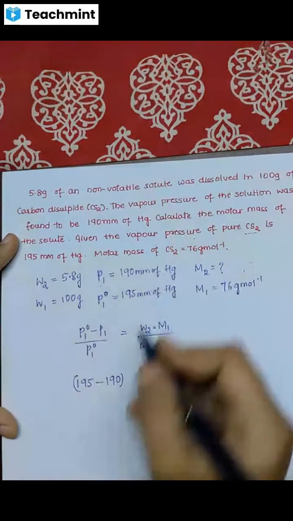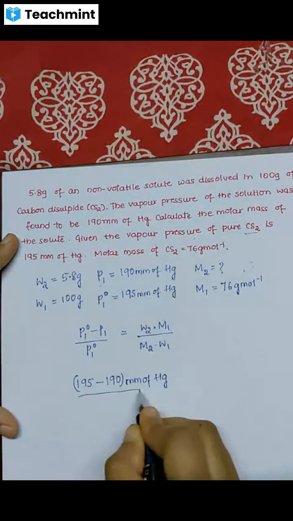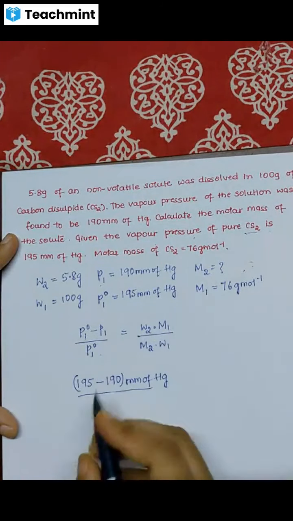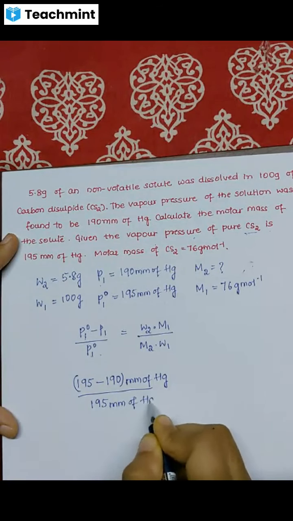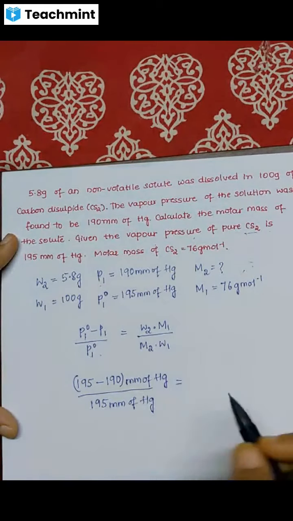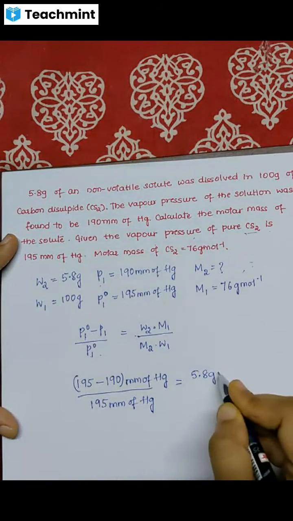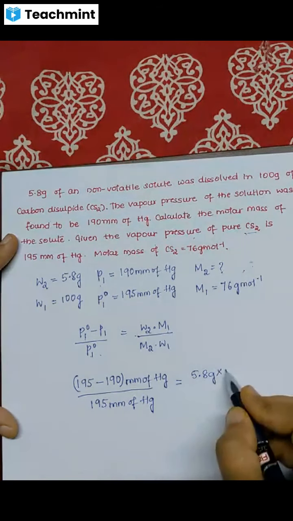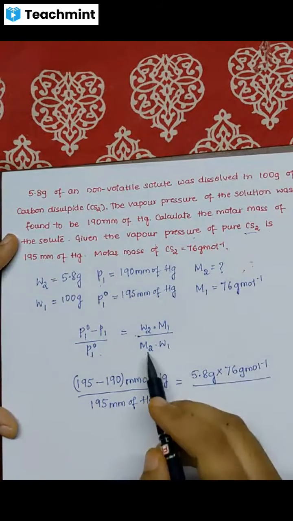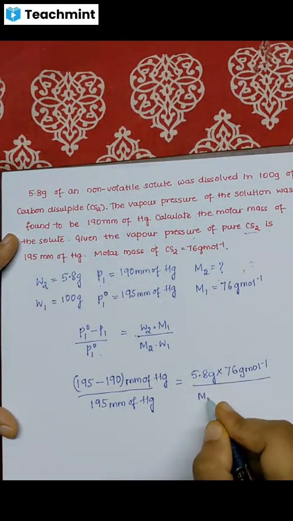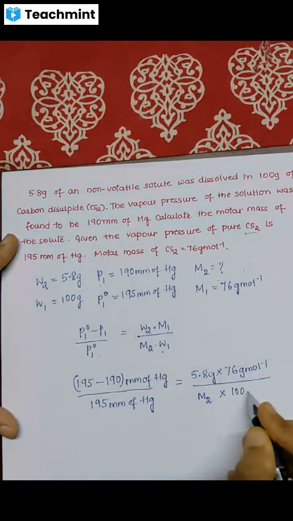Both have the same unit, so I will write mm of Hg divided by P1 naught. P1 naught value is already given, 195 mm of Hg, which is equal to W2 value, 5.8 gram, into M1 value, 76 gram per mole, divided by M2 value, which is what we are supposed to find out, into W1 value, given as 100 gram.